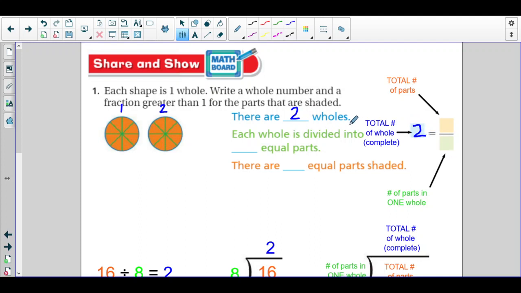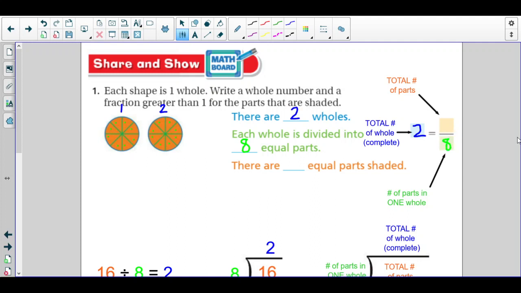Each whole is divided into blank equal groups. So this one has 1, 2, 3, 4, 5, 6, 7, 8. And this one also has 1, 2, 3, 4, 5, 6, 7, 8. So they had 8 equal parts in each one.